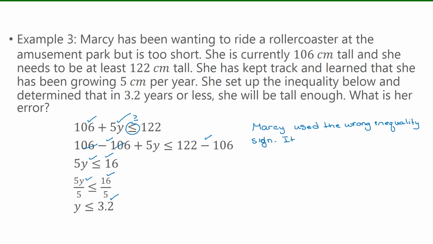So we can say it should be 106 plus 5y is greater than or equal to 122, which means that in 3.2 years or more, she will be tall enough.